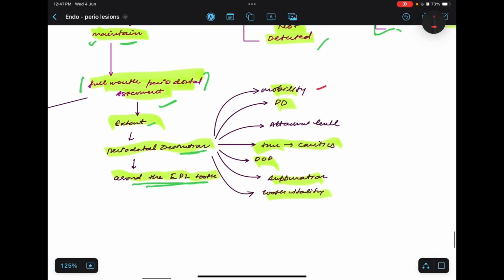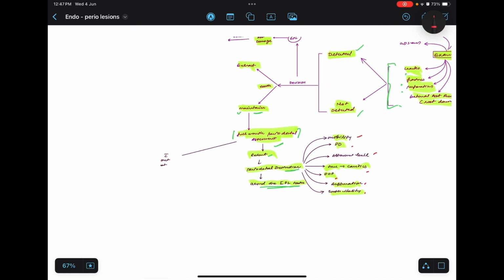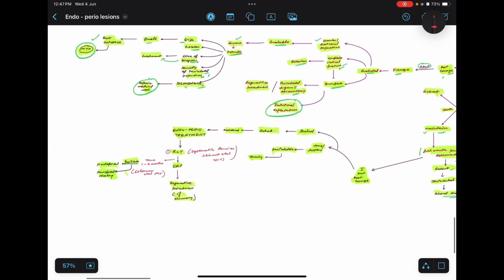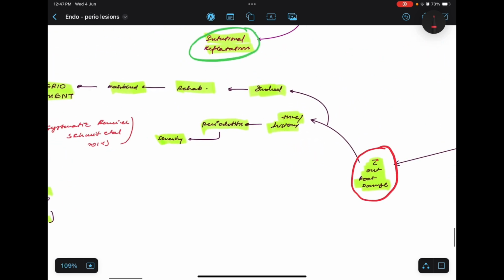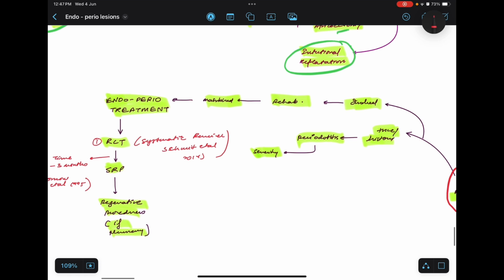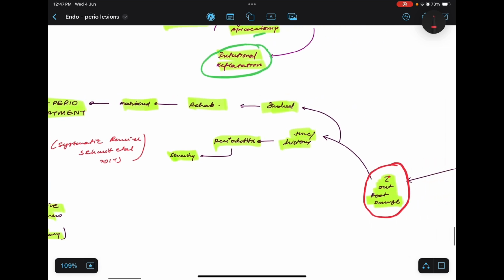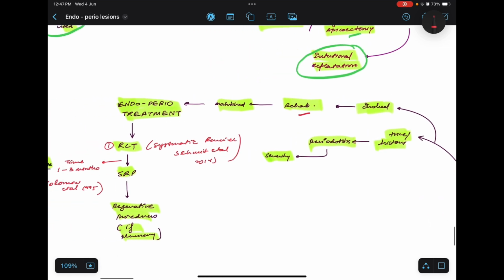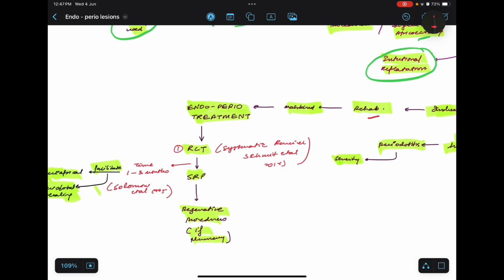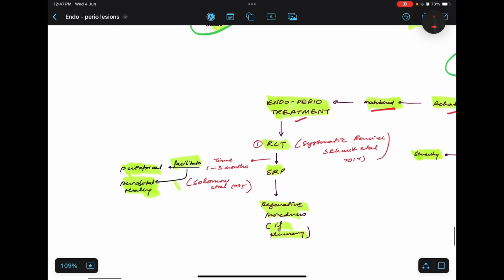We check for mobility, periodontal pocket depth, attachment levels, presence of cavities, bleeding on probing, suppuration, and tooth vitality. Everything is included here. Now, in case there is root damage involved, we go for rehabilitation and decide whether it should be maintained or not. If it is maintained, then you go for endo-perio treatment.